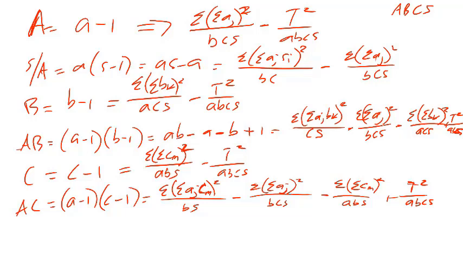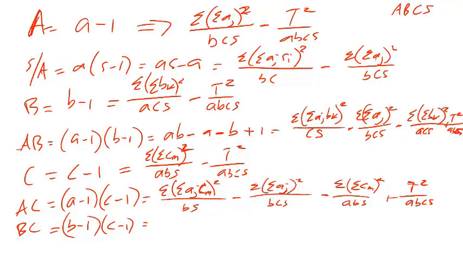What's left? Is it B, AB, C, AC, BC, correct, right? And then we need ABC. That's the fun one. So that's then B minus 1, C minus 1.